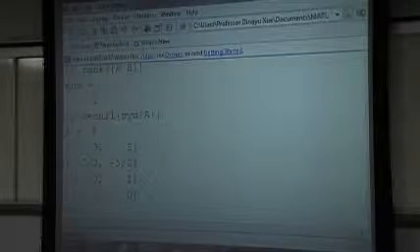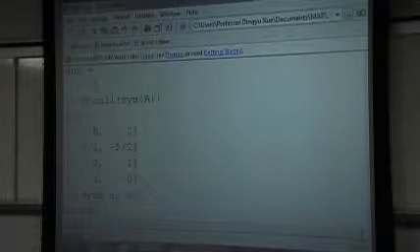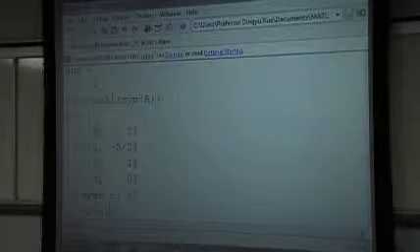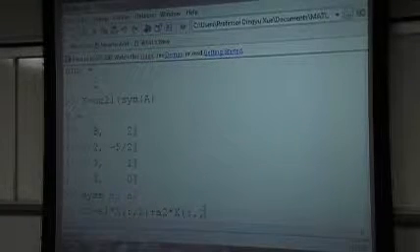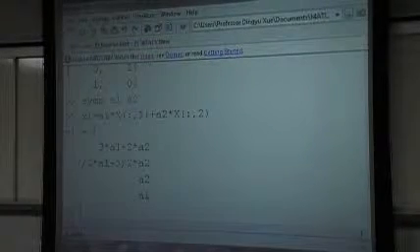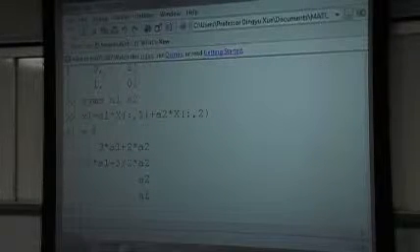Now we can assume 2 constants, A1 and A2. Then we can have X1 equals A1 times the first column of X plus A2 times the second column of X, and we can construct an infinite set of solutions.